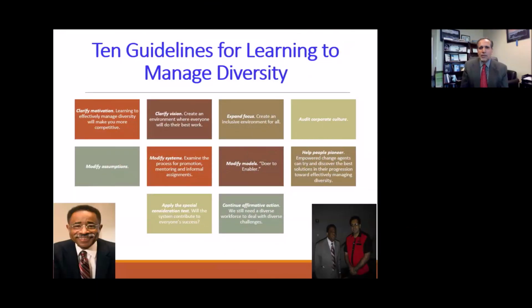Overall, Dr. Roosevelt offered 10 guidelines for learning to manage diversity. First of all, any organization should clarify the motivation for any of their diversity management or affirmative action programs. Clarify the vision, expand your focus, audit the organization's culture, modify assumptions, modify systems, modify models, help people pioneer.